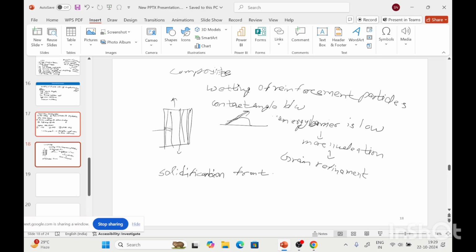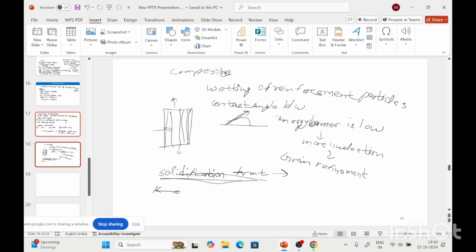The grain refinement due to the addition of reinforcement particles also depends on the progression of the solidification front with the reinforcement particle, which is also related to the thermal conductivity of the matrix and particles.